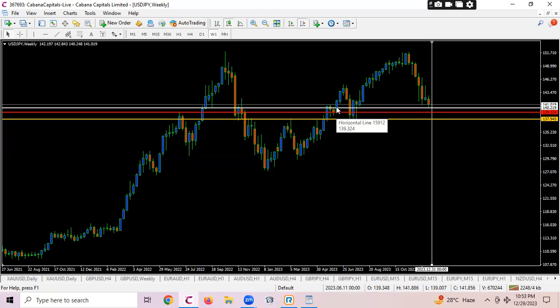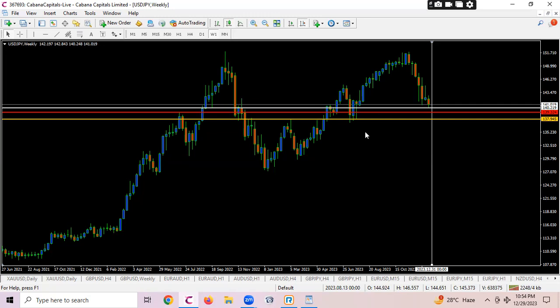Immediately this candlestick closed above this resistance level, the resistance becomes a support. When a resistance level is broken, that resistance level becomes a support. And when a support level is broken, that support level becomes a resistance.